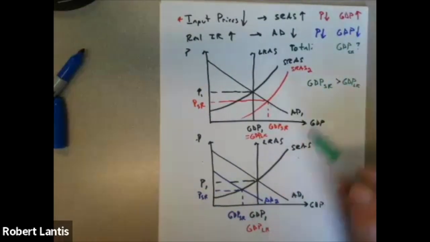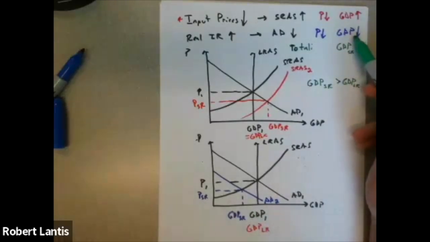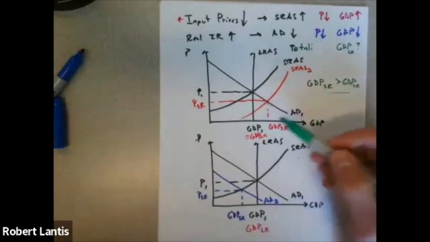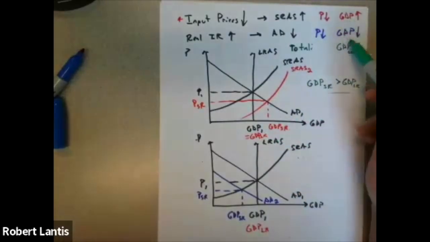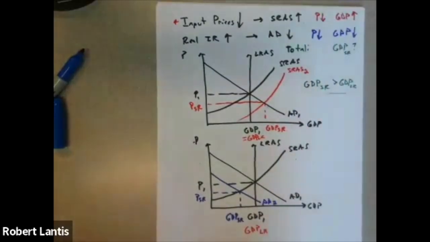It must be pushing GDP to increase by more than the aggregate demand decrease is causing it to decrease. So if I have an inflationary gap, I know my short run GDP must be going up. The only way that occurs is if that short run shock has a larger impact than that aggregate demand decrease.